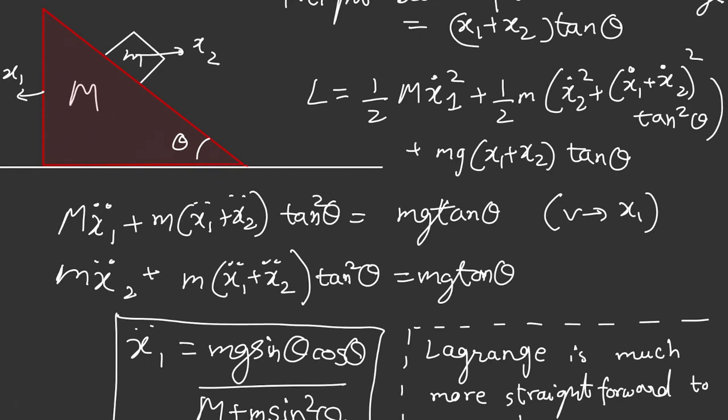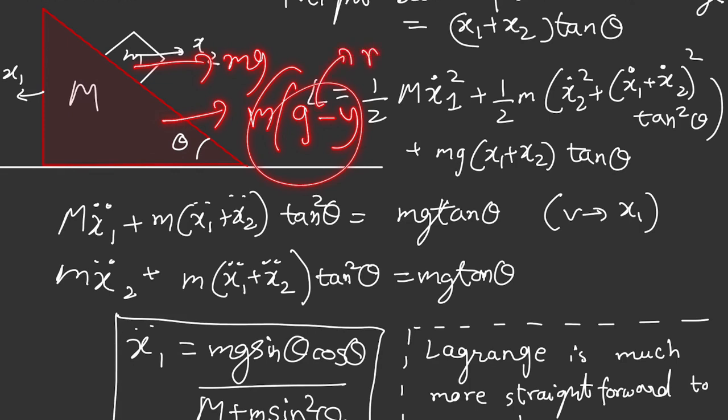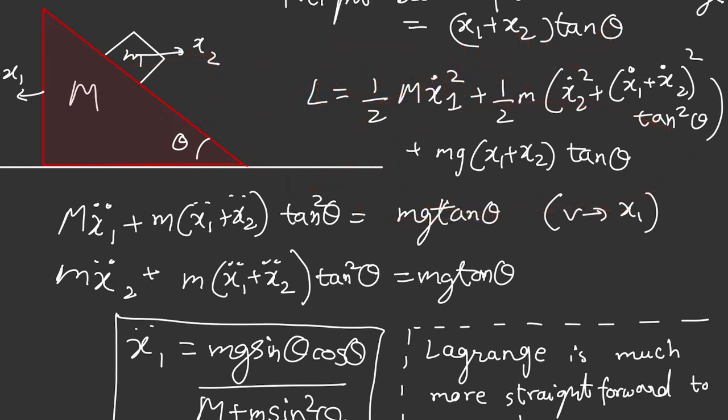Plus, of course, there's the potential energy, which decreases here. The potential energy of this block decreases by mg times y, so the change would be mg times x1 plus x2 tan theta. That is the potential energy, with a minus sign. So that would be the Lagrangian.